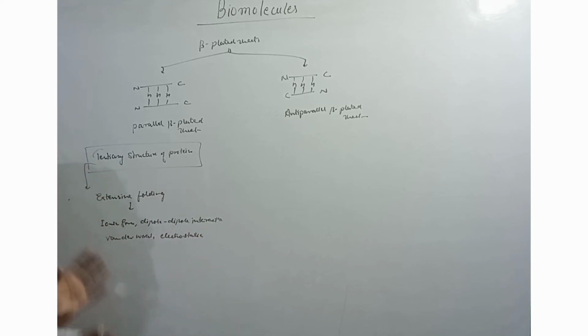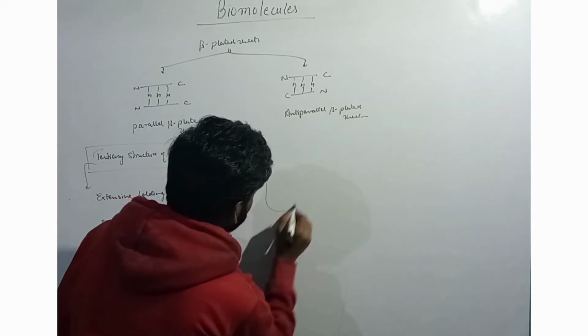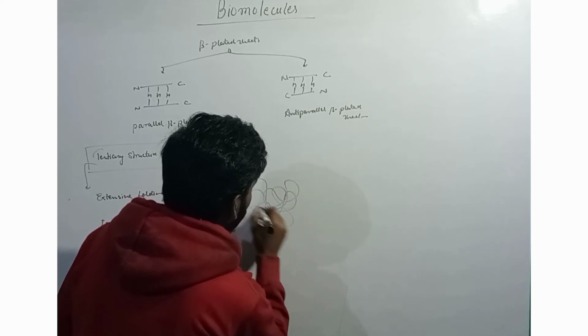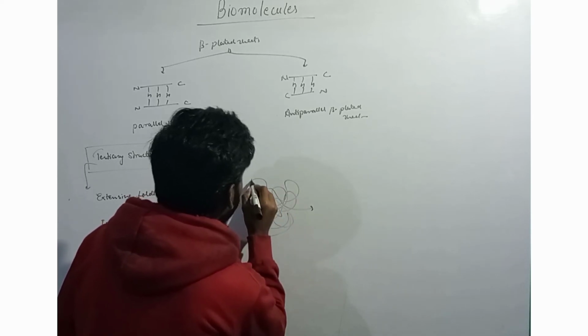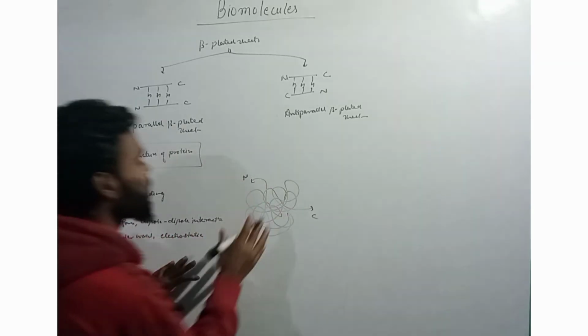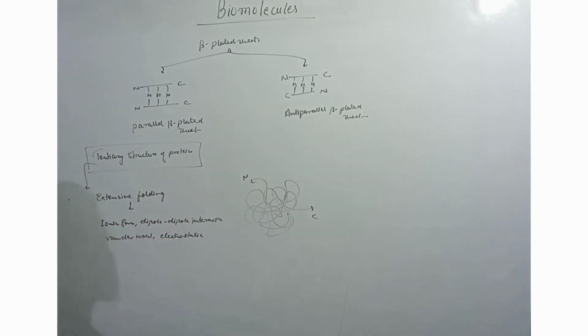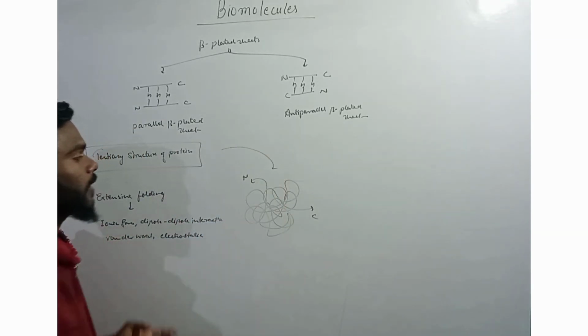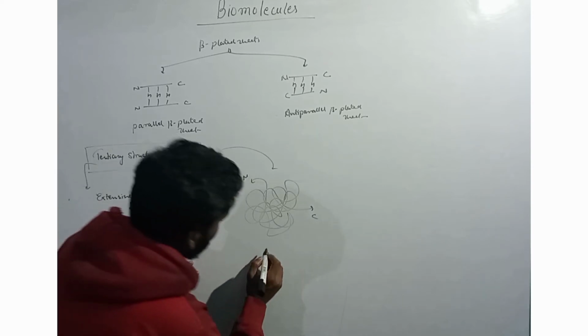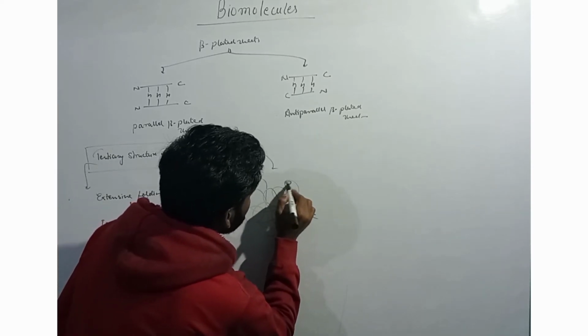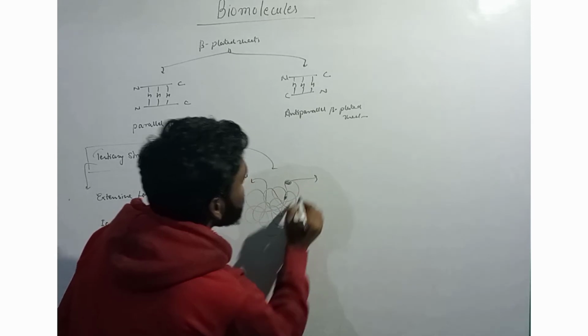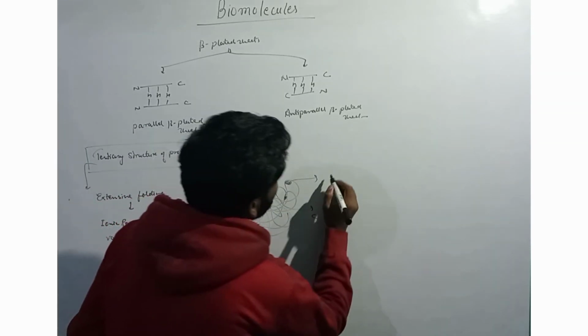So different kinds of forces are created, due to which there is such extensive folding. Now this is the tertiary structure of protein, in which crevices, pockets and loops are created.